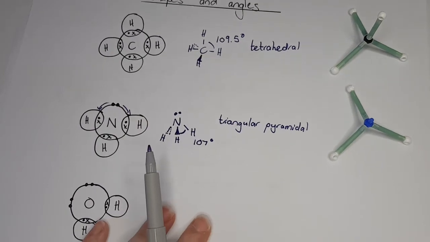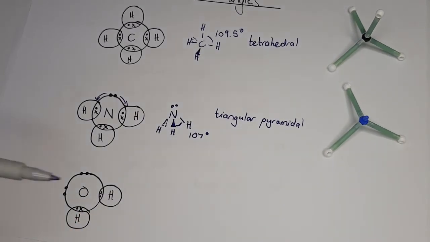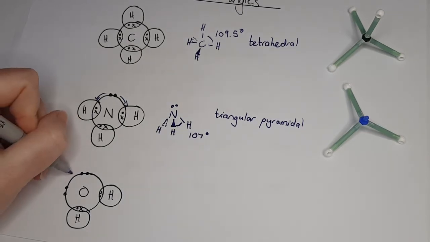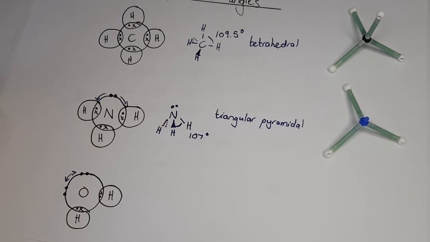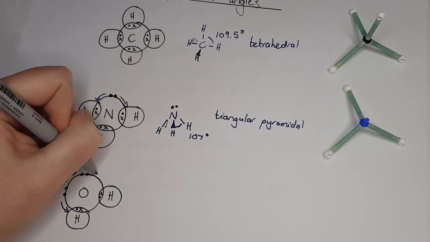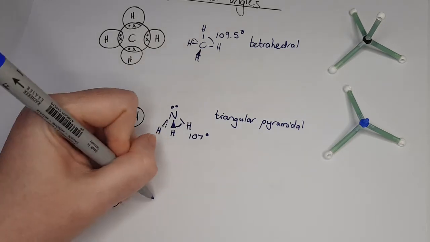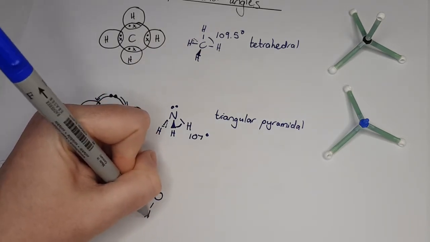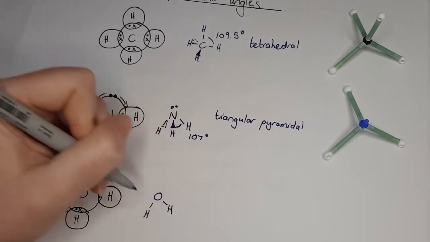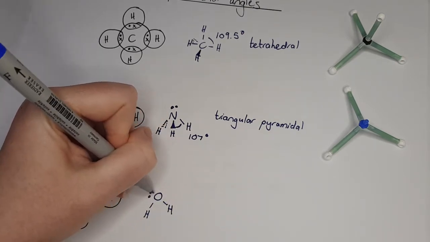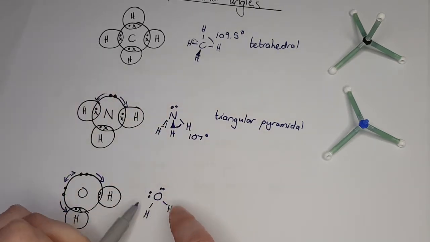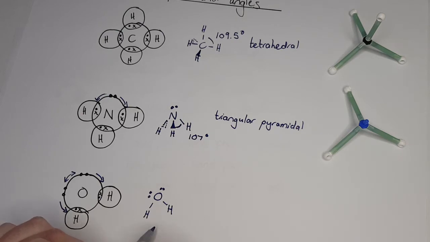And then the last one that we can look at is if I have two lone pairs. So if I have two lone pairs, those are pushing away from each other as well as pushing the bond pairs away. So two lone pairs means that those bond pairs are going to be even closer together because now we've pushed them further away.